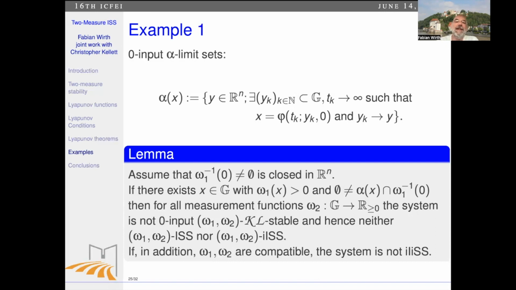And for this, I recall the definition of alpha limit sets. So alpha limit sets are like omega limit sets, just in the other direction, negative time. So alpha of x, what's that?